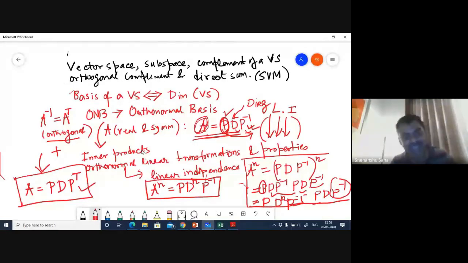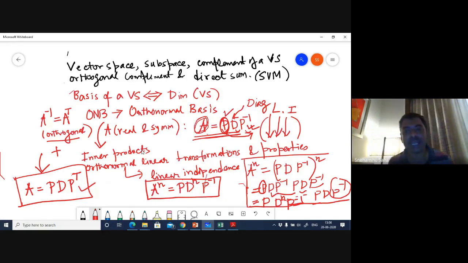An extension of this is directly used in singular value decomposition, where your original matrix is no longer a square one. You can still extend this out. So I think we have set up the platform for the next lecture, where we will extend this orthogonality and talk about some properties of orthogonal linear transformations.